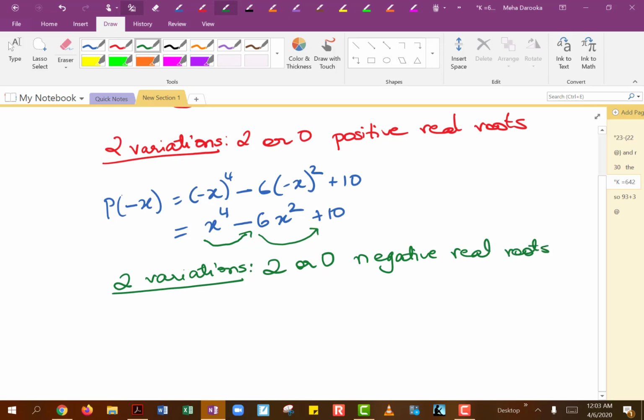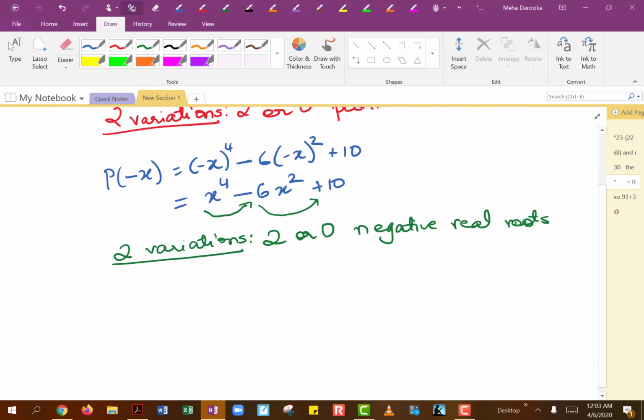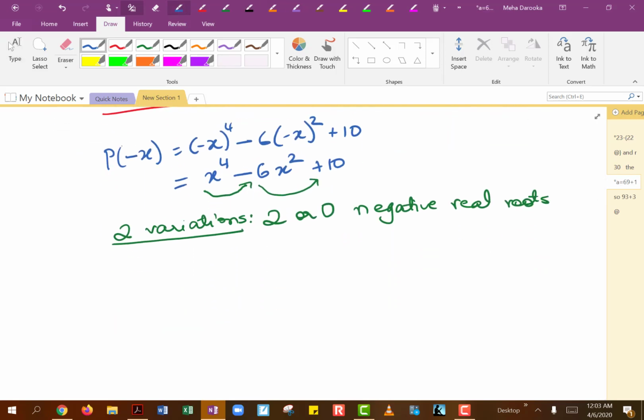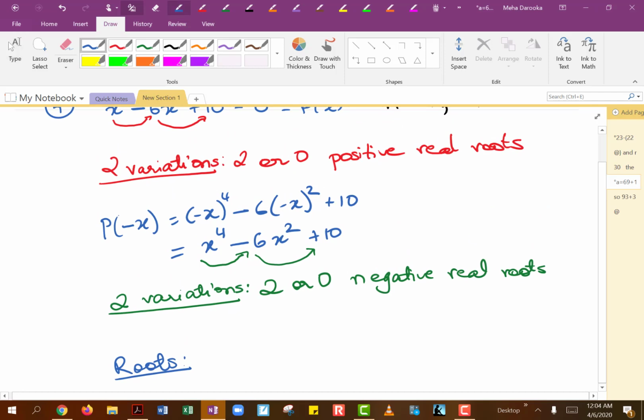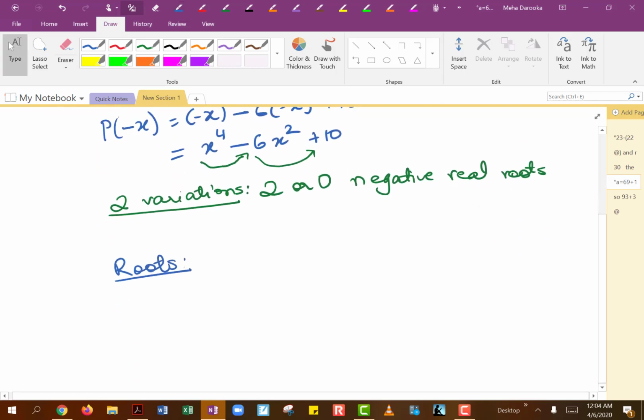So another thing to keep in mind, this is a 4th degree polynomial. So our degree is 4, which means we should have a total of 4 roots. So when we write our answer down, we have either 2 or 0 positive and either 2 or 0 negative.